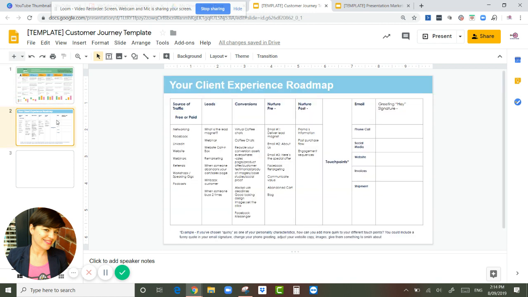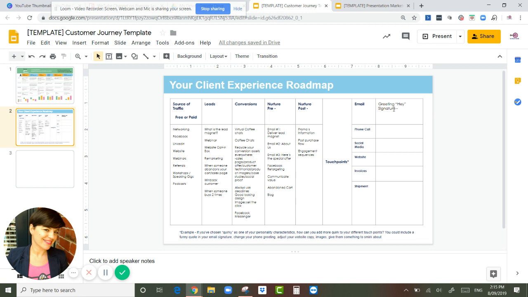The other way is to draw columns and think about the sources of traffic, the leads, and conversions. What is the conversion point? It's really your sales hook and the qualification step. How is John going to be nurtured? All of these touch points, and also, I forgot, emails and email signature. These are all the important things you want to think about when it comes to your customer.